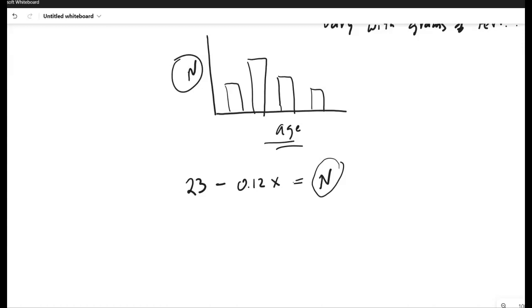So if I say, okay, well, what is your level if you happen to be 10 years old? Well, let's make it 80 years old, like the book says. So, what's your level of neuroses at age 80 years old? 23 minus 0.12 times 80.